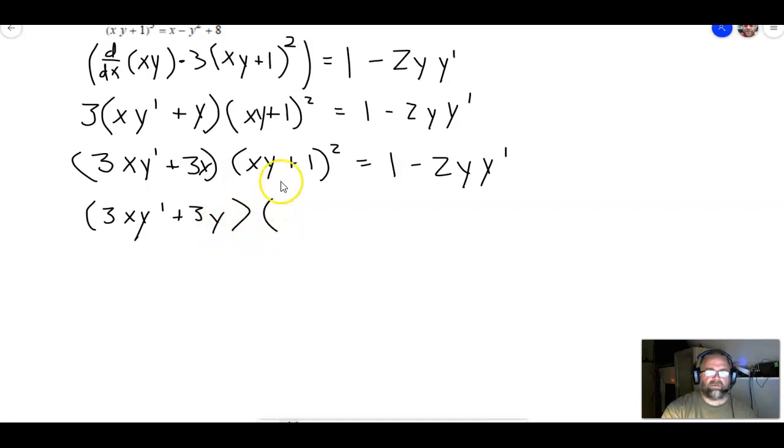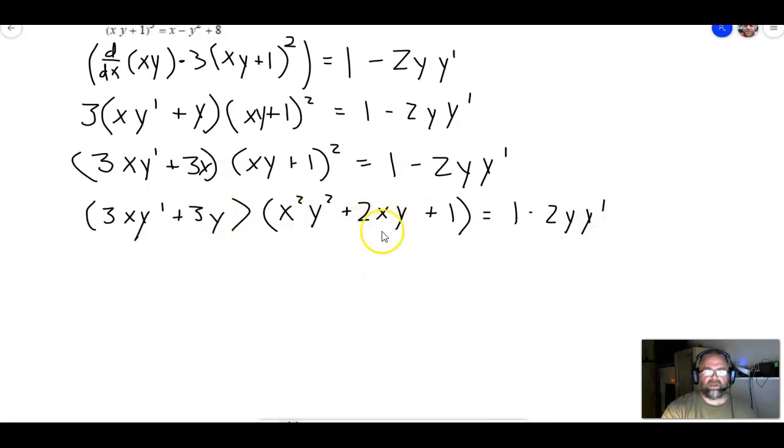And then this over here is just going to be xy quantity squared. So it's going to be x squared y squared plus 2xy plus 1 squared, which is just 1, is equal to 1 minus 2y prime.